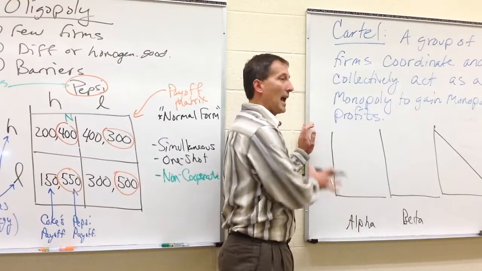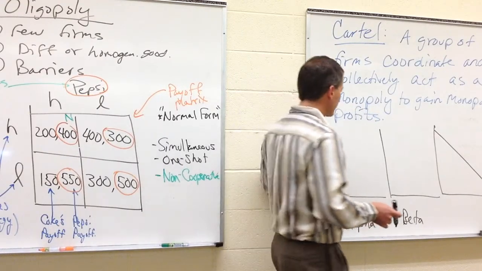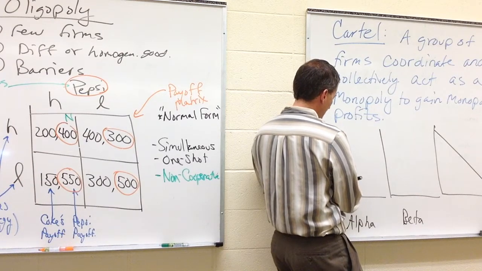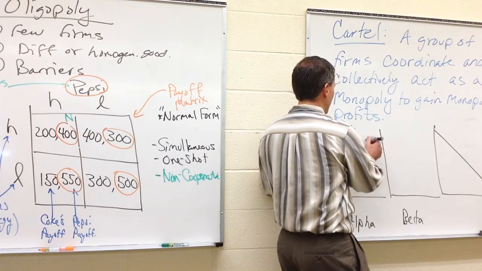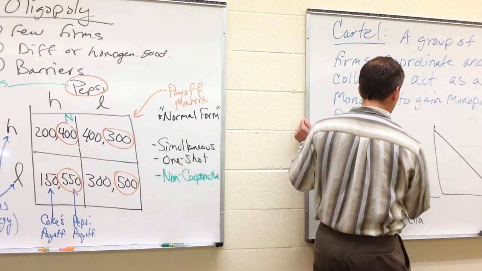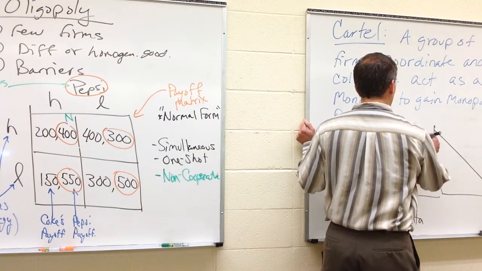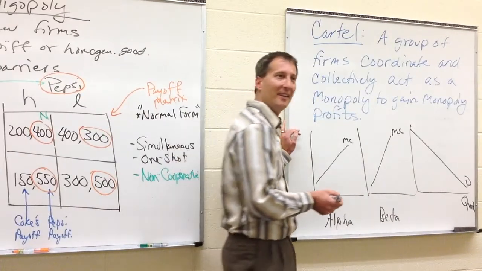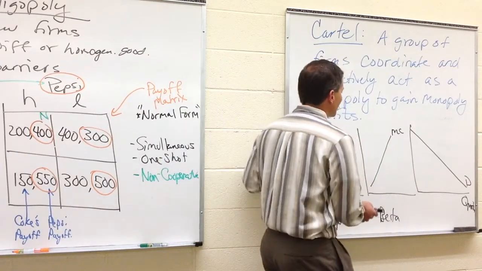And these two are going to act together on that. Alpha can produce meth, and their marginal cost curve looks like this. Beta's a little bit different. They're not necessarily identical. One guy might have access to cheaper labor or something in his territory, and so maybe cheaper materials or something.